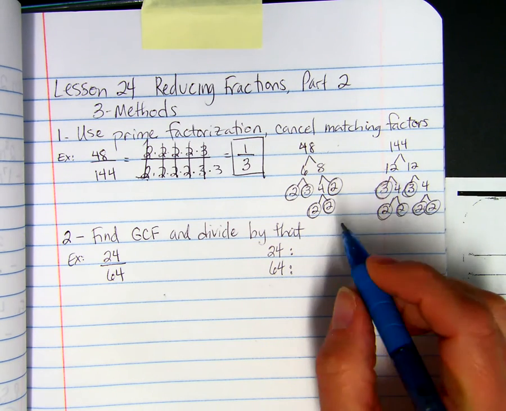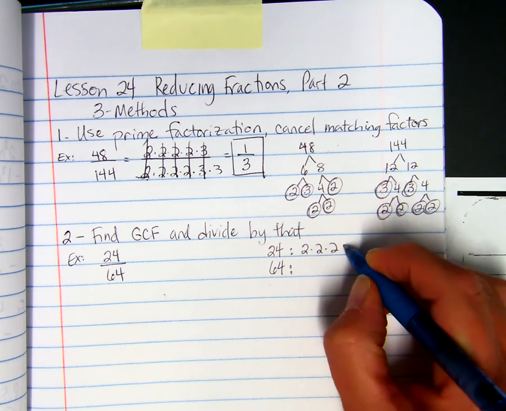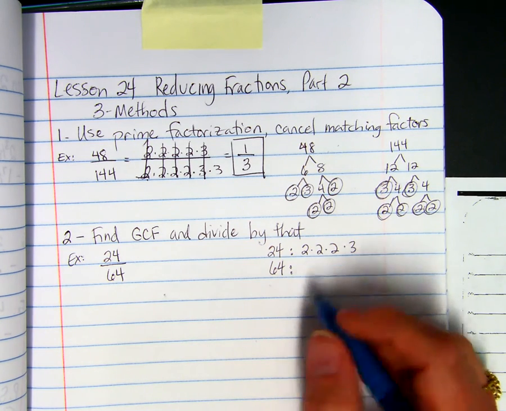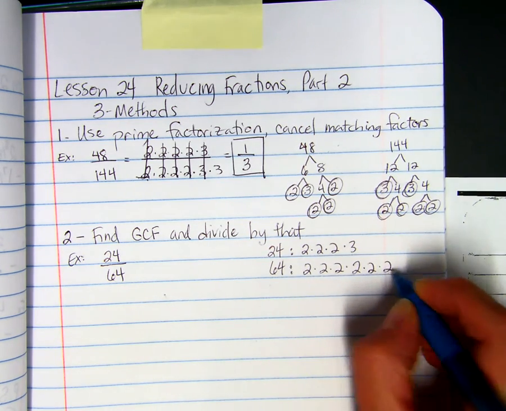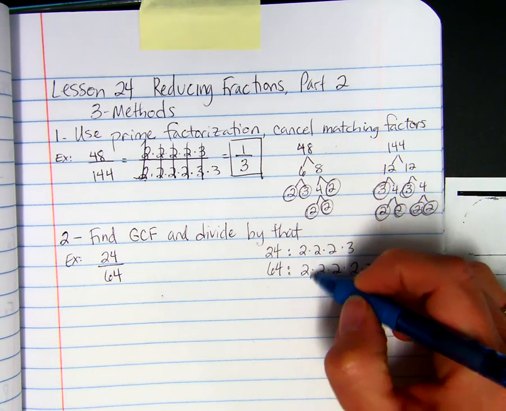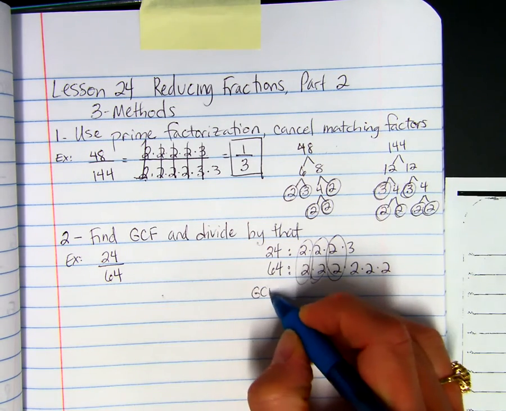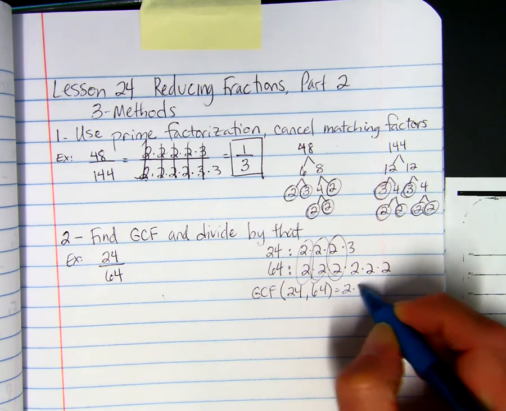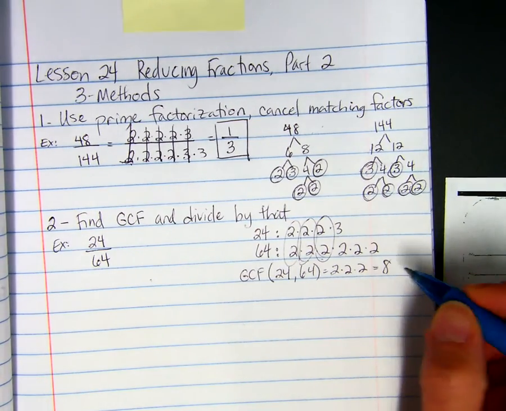24 is 6 times 4, which is 3 2s and a 3. 64 is 8 times 8, so that's 6 2s. And then you find the common factors. So the greatest common factor of 24 and 64 is 2 times 2 times 2, which is the 3 that we circled, or 8.